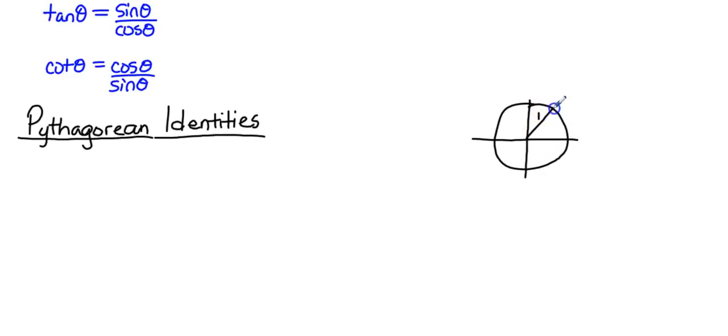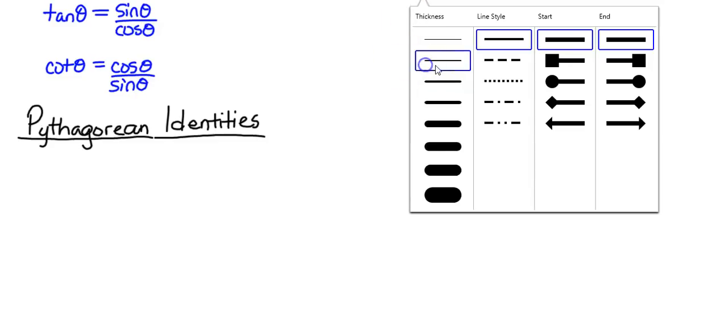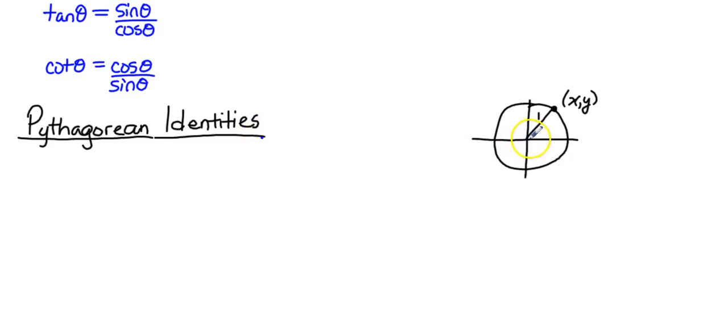And I create an ordered pair here on the unit circle, I would go right x and up y to get the ordered pair x comma y. So just to visualize that, from the origin, I would go right x, up y.